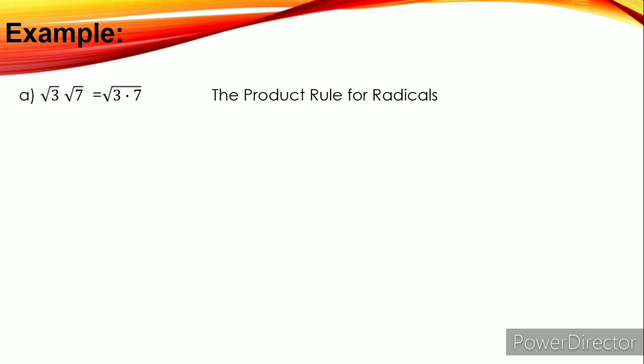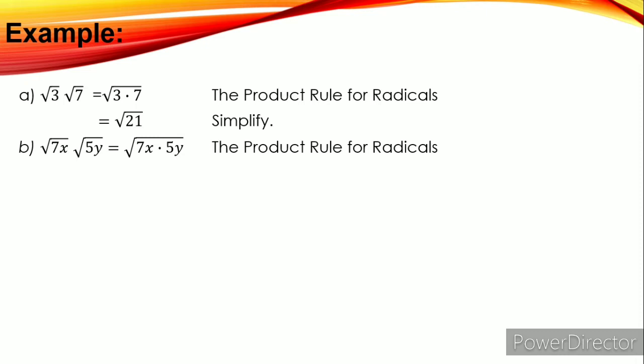Letter A, square root of 3 times square root of 7 equals square root of 3 times 7, the product rule for radicals. And the answer is square root of 21, the simplified form. Letter B, square root of 7x times square root of 5y equals square root of 7x times 5y, the product rule for radicals.